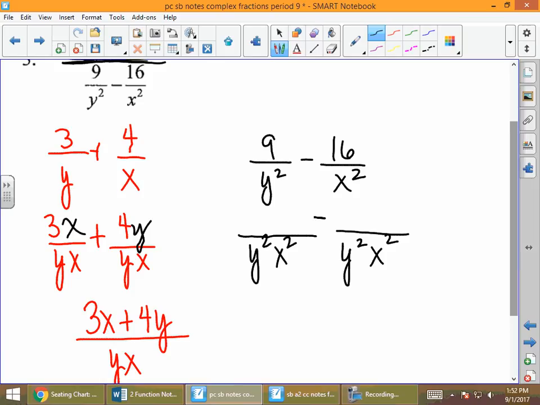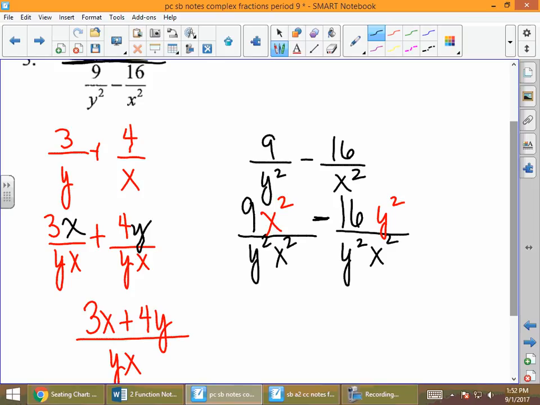It doesn't make any difference. We're subtracting. What did we put into our left-hand fraction into the denominator that wasn't there before? We put the x squared. And what did we put into our right-hand fraction in the denominator that wasn't there before? We put the y squared.